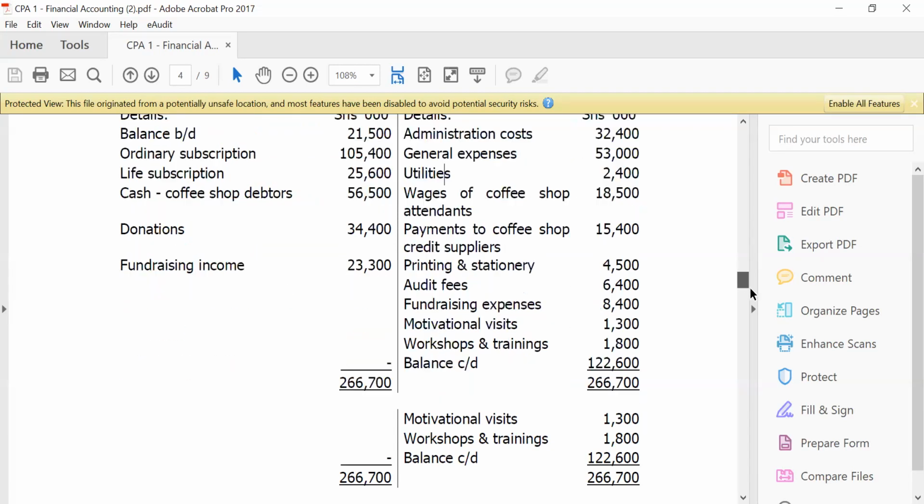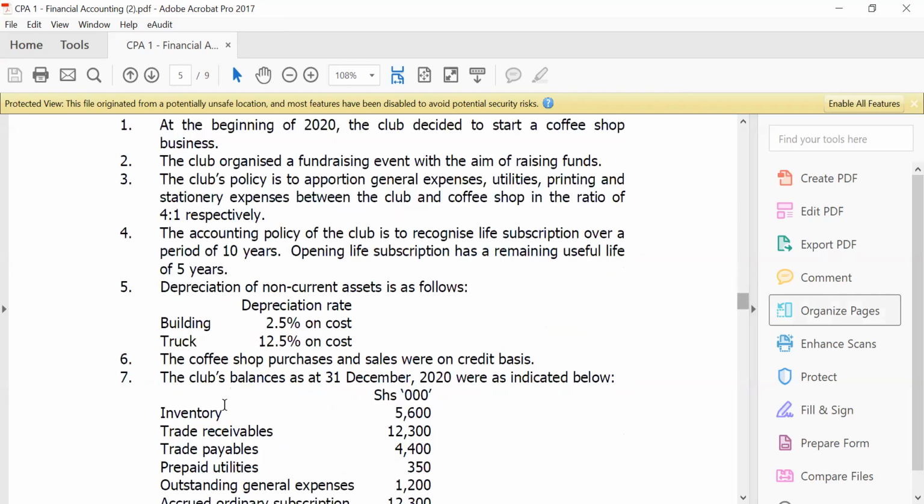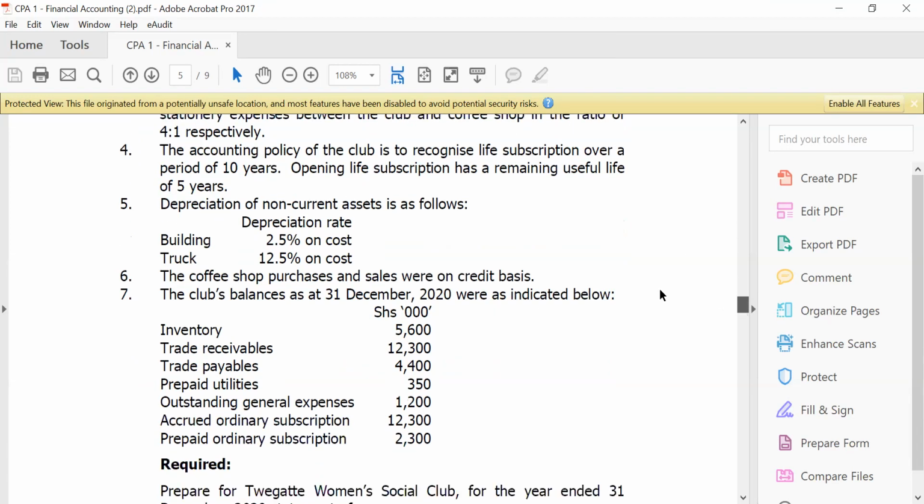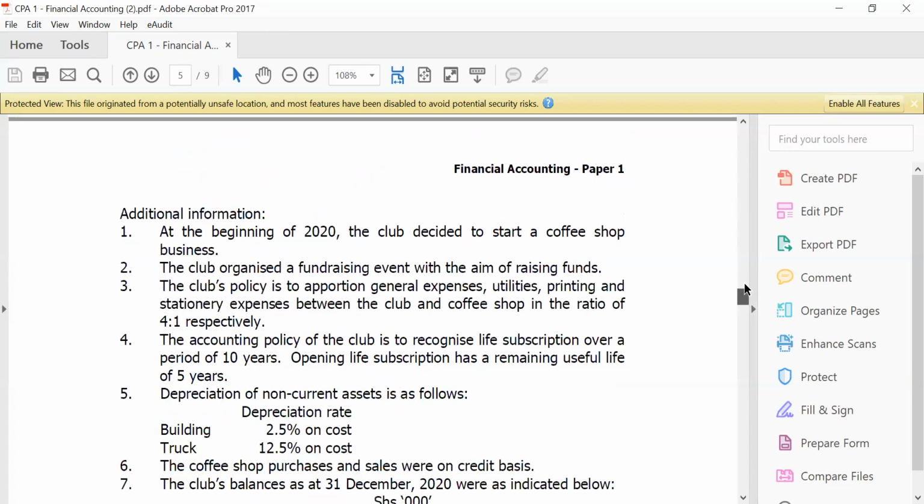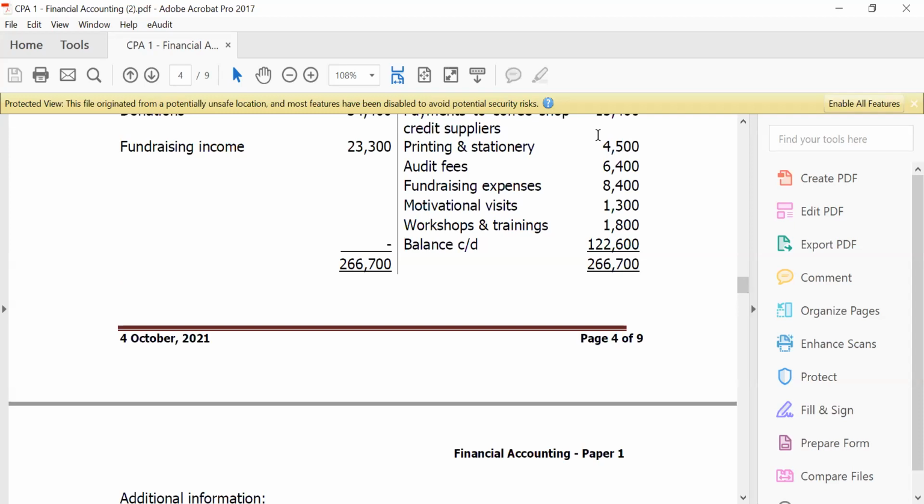So for general expenses and utilities, those ones have additional information. For printing and stationery, there is no additional information. There's nothing under prepaid or outstanding. The only value we have for printing and stationery is 4.5. So this one we can share. We can first work on sharing this.